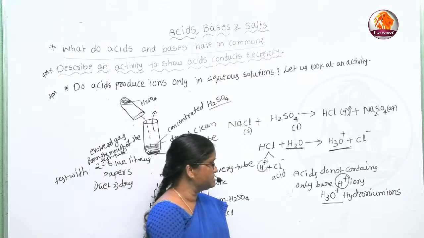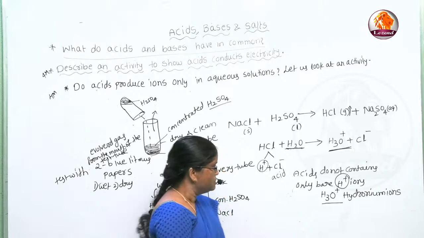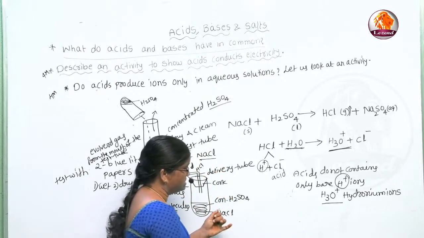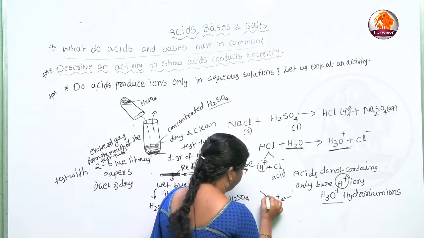So what can we say? Acids have what kind of ions in common? Hydronium ions. The H plus ions in acids will be attached by 4 to 6 water molecules.